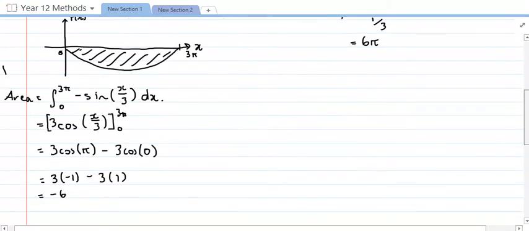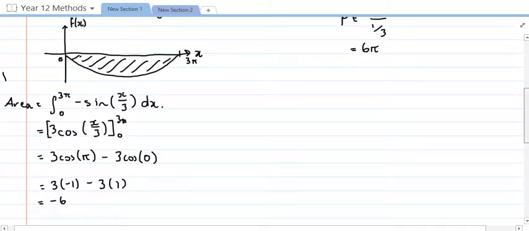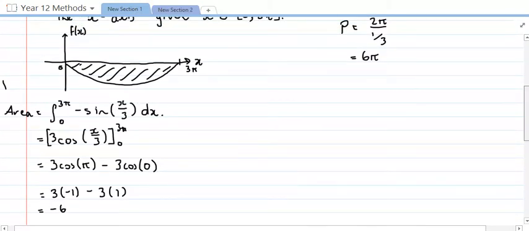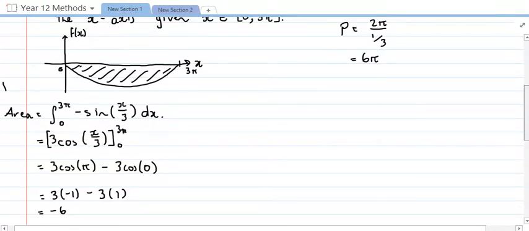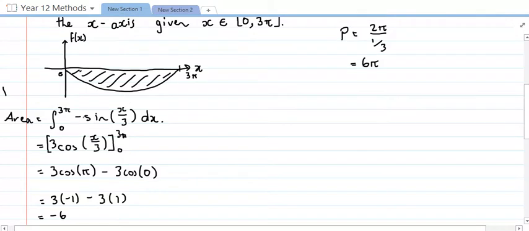Now, remember how I said we needed to do something about the fact that this area is below the x-axis. Basically, we could just take the modulus or the magnitude of it. An alternative would be to say that we need the negative area of that, and just carry a negative sign right throughout all of the working.